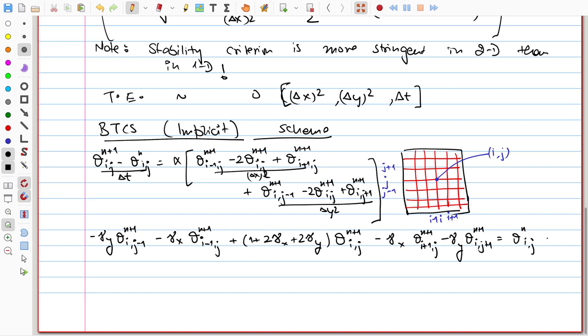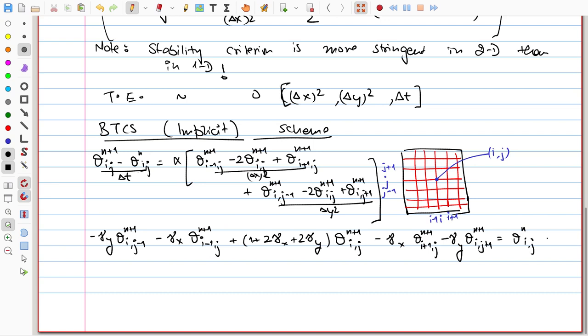I simply multiplied the right hand side by delta t. So alpha delta t by delta x squared becomes gamma x, and alpha delta t by delta y squared becomes gamma y.